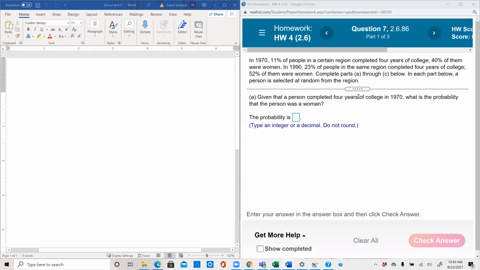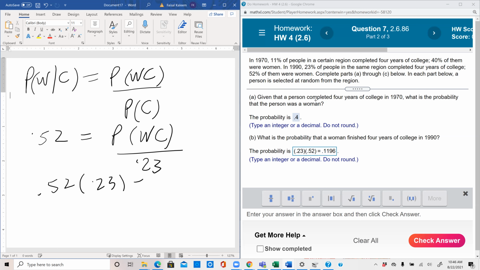The probability of being a woman and completing college is what we have to find. The probability of completing college in that second year was 0.23, and that's how the 0.23 gets multiplied on the other side, which is what we were doing with the multiplication rule. The answer is 0.1196. Let's just omit the other parts.